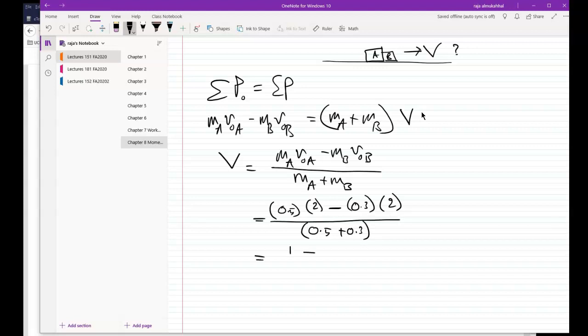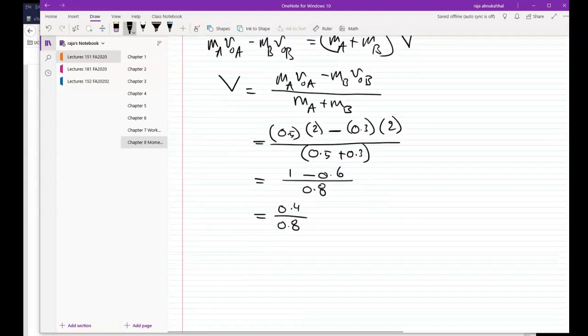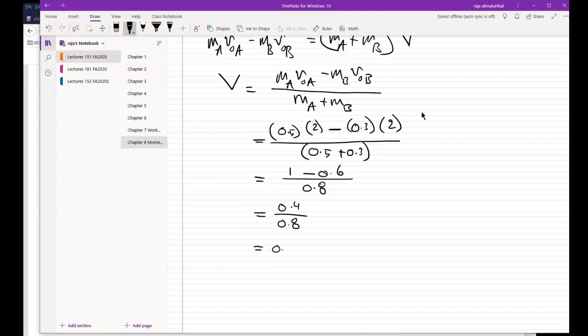So that's going to give you 1 minus 0.6 over 0.8. That's 0.4 over 0.8, which gives half. So that should be 0.5 meter per second. So the common velocity is equal to half a meter per second.